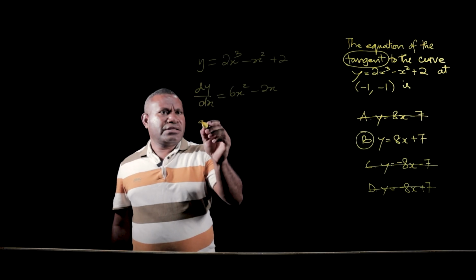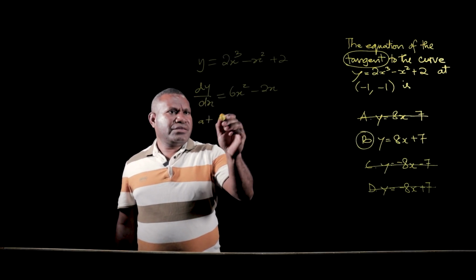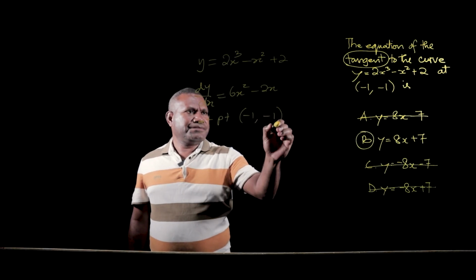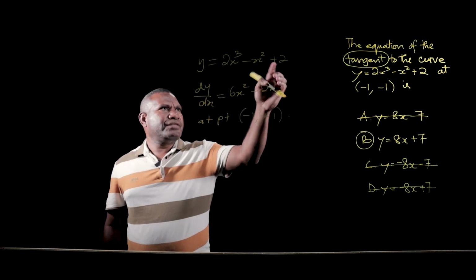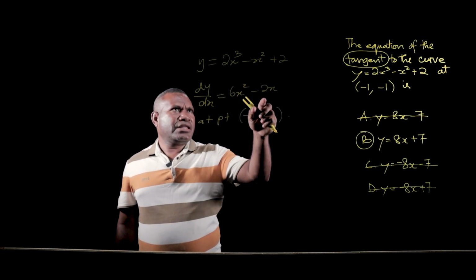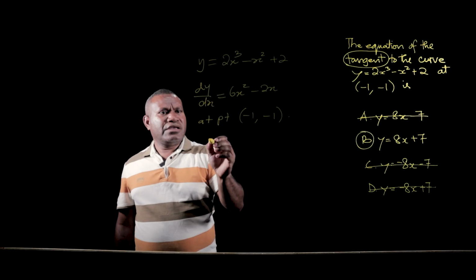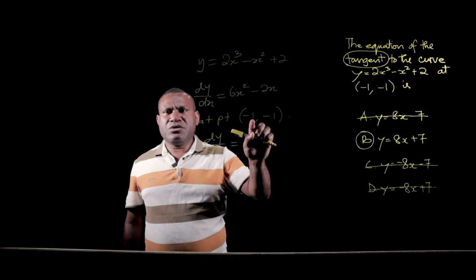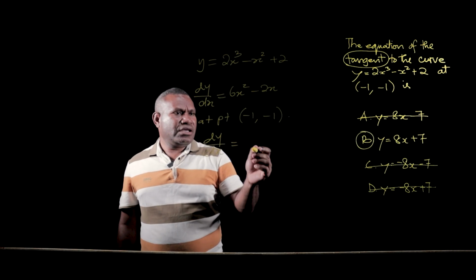Now, at the point -1, -1, the gradient of this function at this point will be dy over dx equals, we substitute the x coordinate, which is -1, into this function.